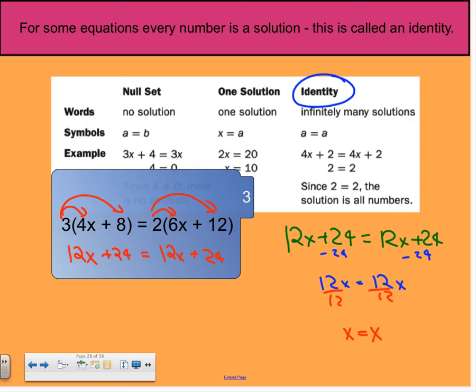So, no matter what number I choose, if I choose to put in 11 for x, if I put 11 on this side and 11 on that side, the 2 sides will equal each other. If I use 15, like Devin said, if I use 37, no matter what number I put in, all right, every solution will work. And this is what we call an identity.